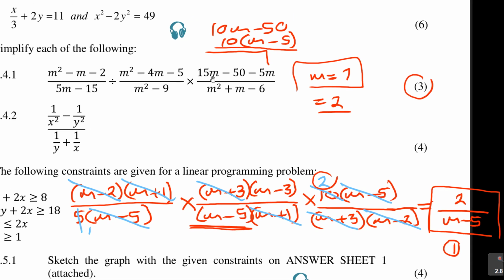So in here we said 15 minus 5, we got 10, am I right? It's 10m minus 50. So you take out 10. That is the one that gave us a 2, 5 into 10. Is there anything else I might have missed in here?